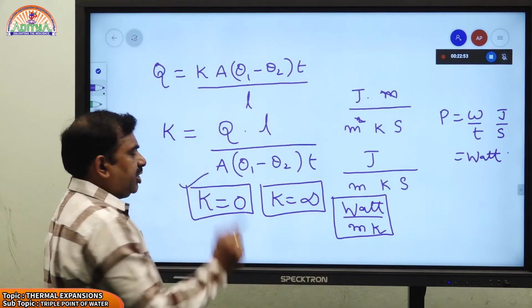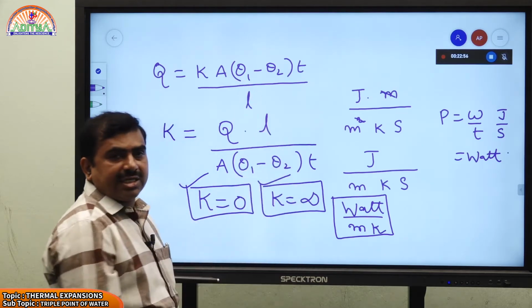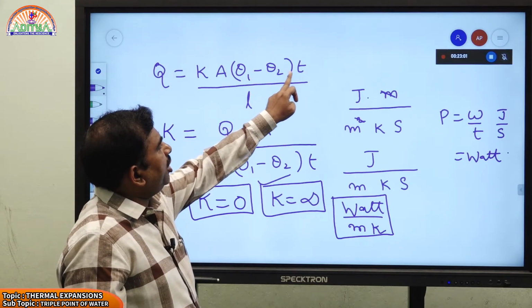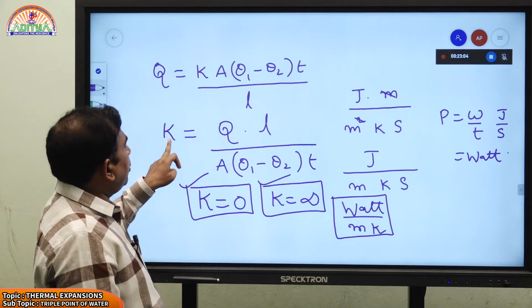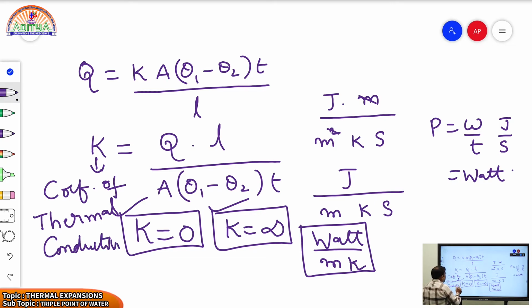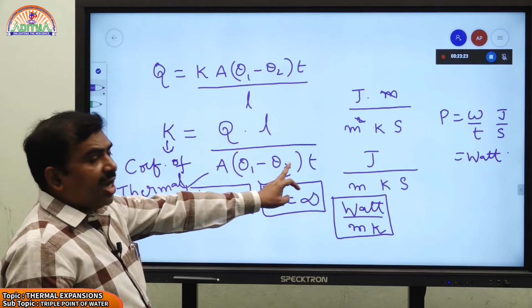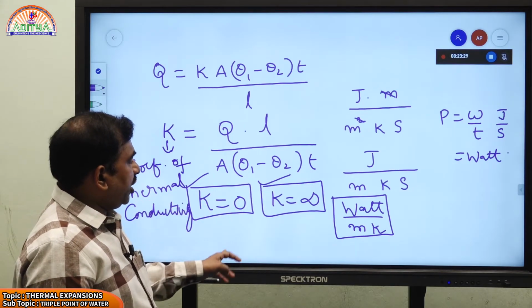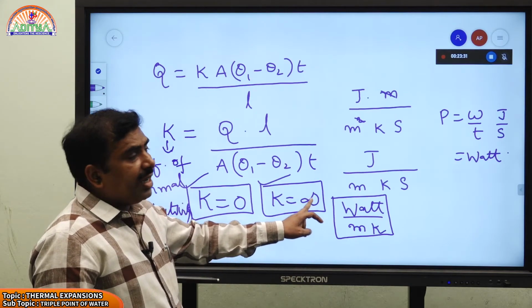Look once again, Q is equal to KA into theta 1 minus theta 2 into T divided by L. So, I can write K, the coefficient of thermal conductivity, as K is equal to Q into L by A into theta 1 minus theta 2 into T. And don't forget, the value of K is equal to 0 for insulators, K is equal to infinity for conductors.